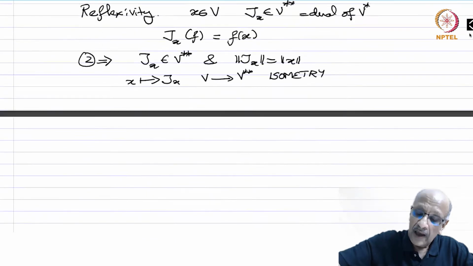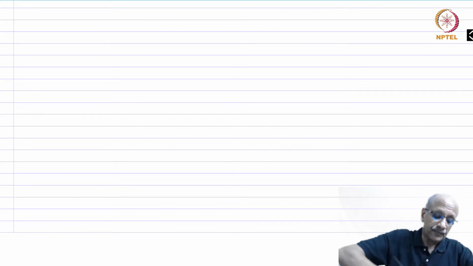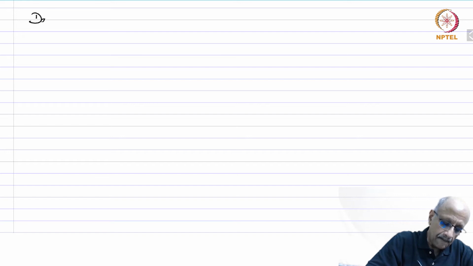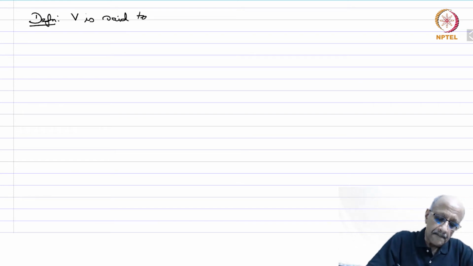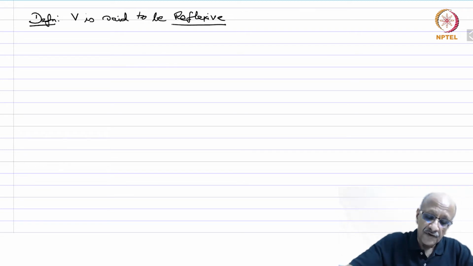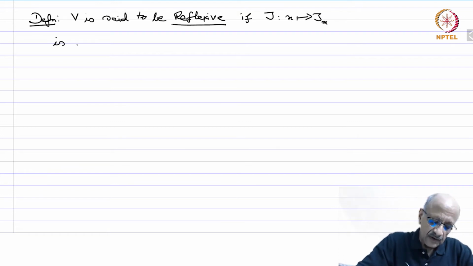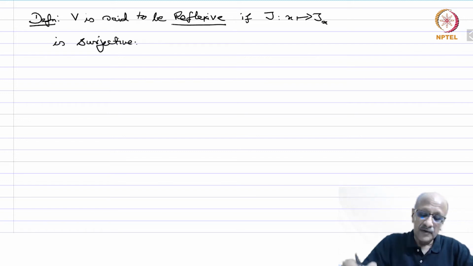So now we have an important definition. V is said to be reflexive if the map x going to Jx is surjective. What does this mean?